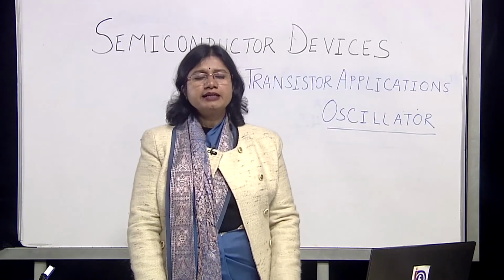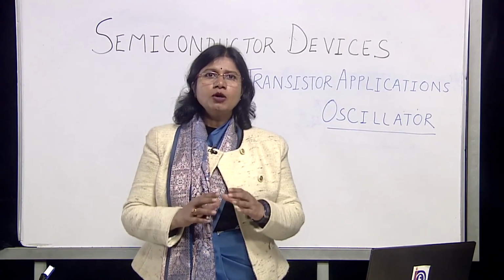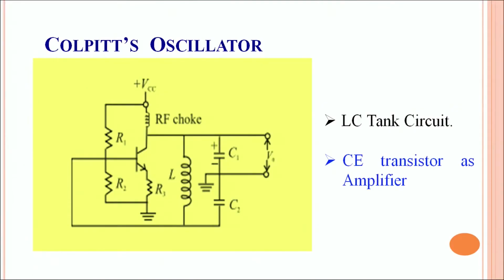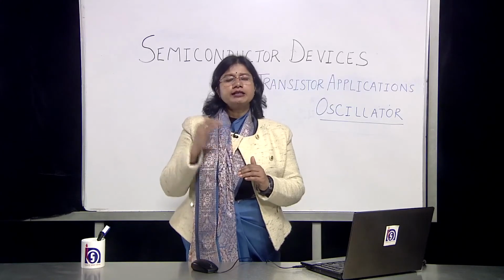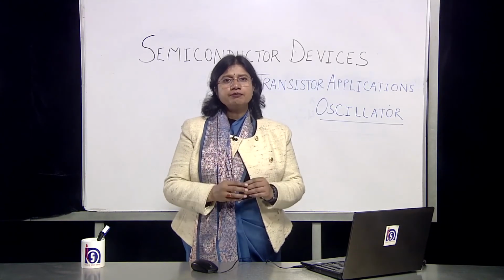To understand the working of an oscillator, we discuss a simple Colpitts oscillator. This is one of the simplest oscillators, having an amplifier followed by a 180-degree phase shift feedback mechanism. Overall, there are two 180-degree phase shifts so that eventually the output generated is in phase with the input signal.